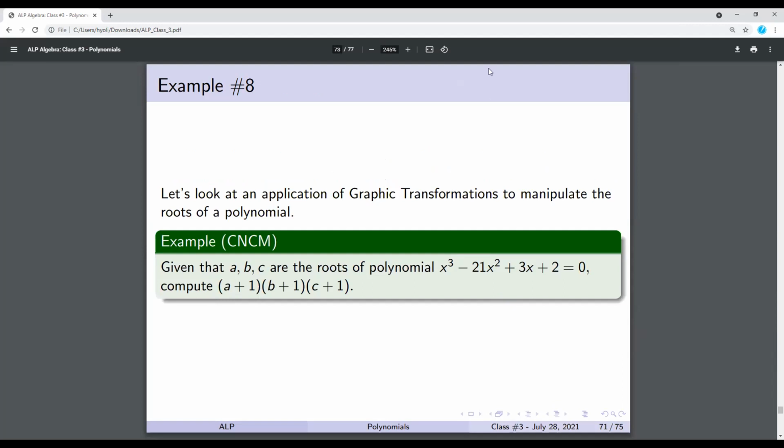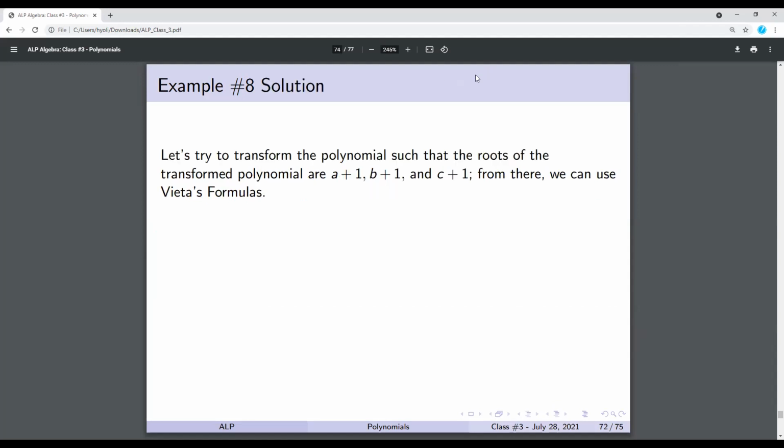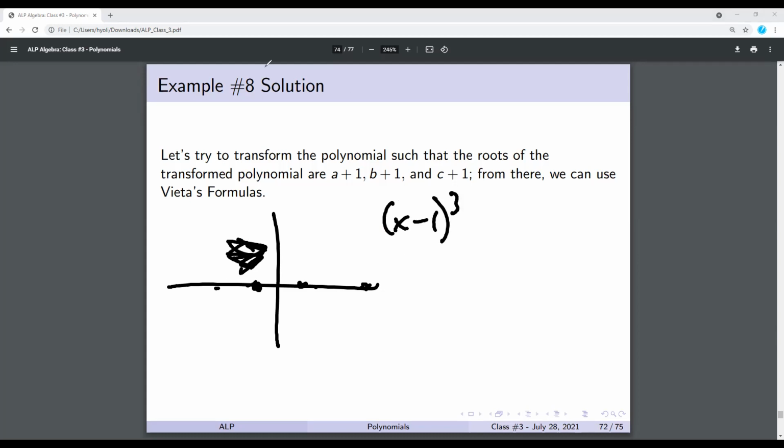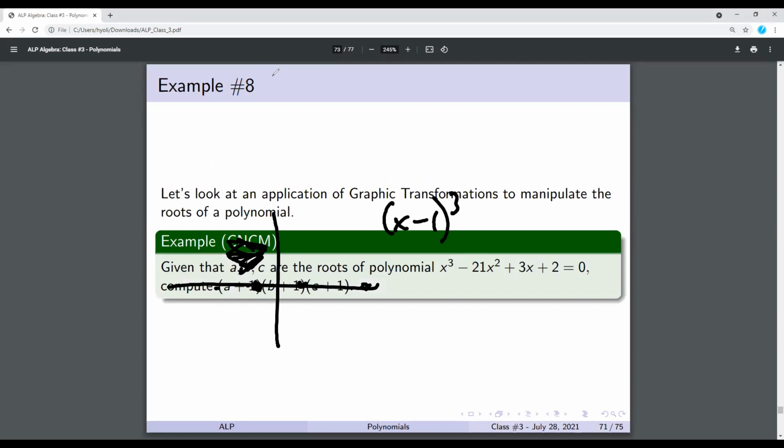Basically, this is actually a very nice solution to this. We shift over by exactly 1, and the roots will all increase by 1. So now we get (x minus 1) cubed minus 21.